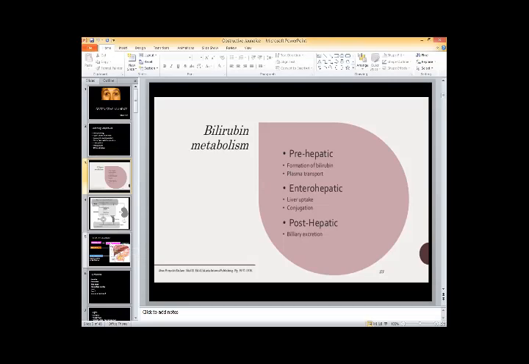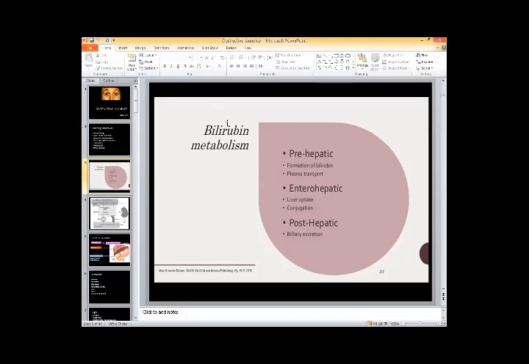Globin is a plasma protein and it is reused again, and the heme portion is further broken down through different stages in the spleen or other macrophages, and it comes down to bilirubin. So what you need to remember is that bilirubin comes from the breakdown of red blood cells through the breakdown of hemoglobin.